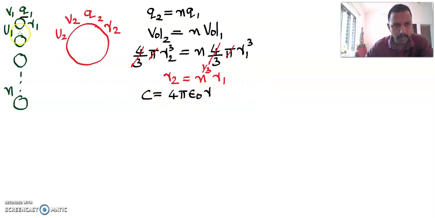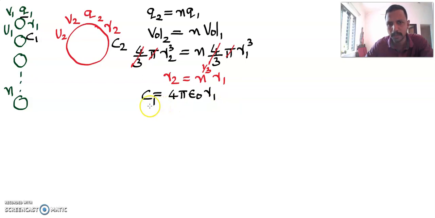Therefore, let's say the capacitance of the smaller liquid drop is C1 and the capacitance of the larger liquid drop is C2. For C1, the capacitance of the smaller liquid drop, we take the radius of the smaller liquid drop. 4 pi epsilon 0 is retained as such, and the radius of the smaller liquid drop is R1. Therefore, C1 is equal to 4 pi epsilon 0 R1.